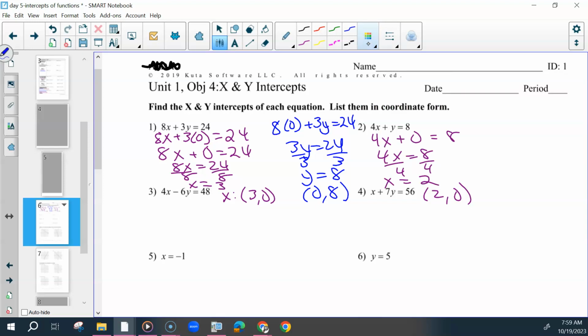But if we were doing the opposite and solving for y, and we put the 0 in, we have our answer. Y equals 8. We don't need to solve for anything. So if you get something like that where there's not something to solve, that is your intercept, or part of it.